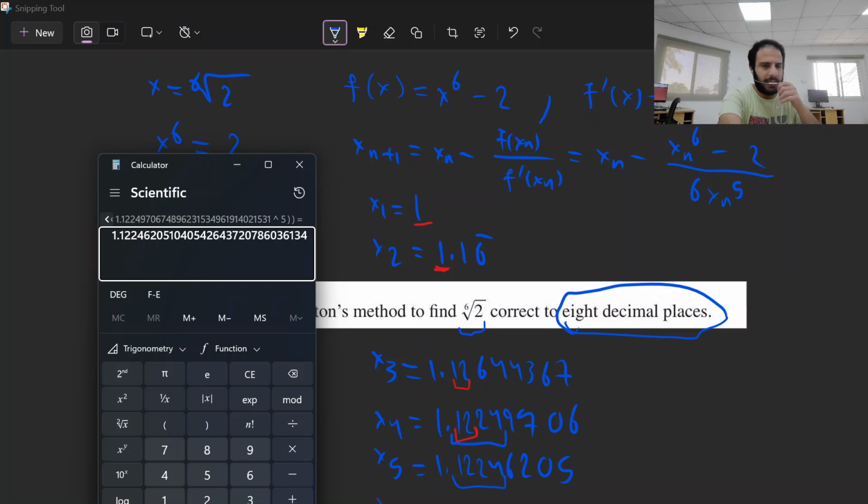Now control C again, then control V minus, open parentheses, let's open two ones, then now power 6 minus 2. You need to practice this on your calculator, okay? Now minus 2, then divide by 6 times control V power 5, close two parentheses.